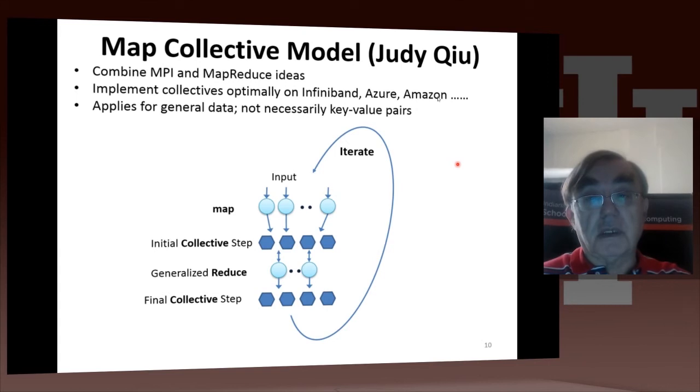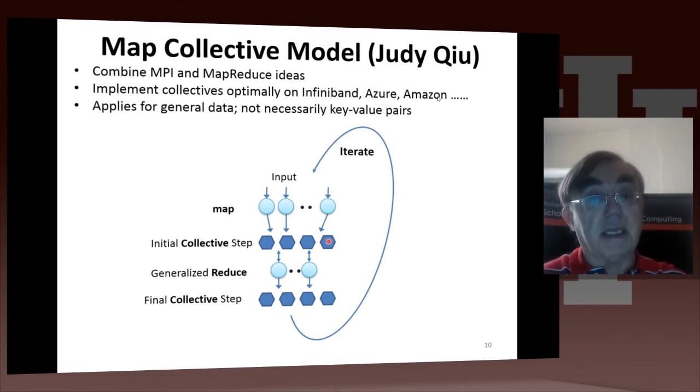So Judy Chu at Indiana University has generalized this to a map collective model, and she has some MOOC lessons describing this. Here we'll just give a very brief introduction, which you can follow up on in that other MOOC. She has generalized MapReduce to map collective, so that you can have not just reduction operations, global summations and things like that, or global sorting on ranks, but arbitrary so-called collective operations.